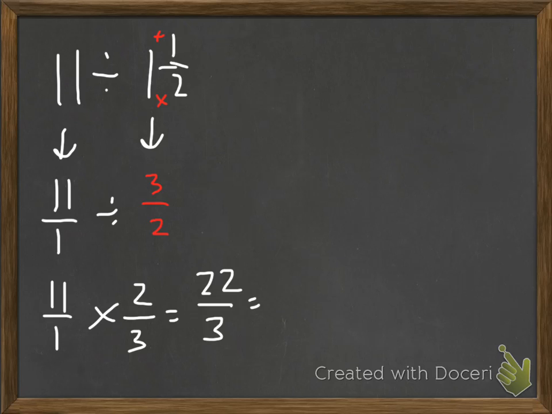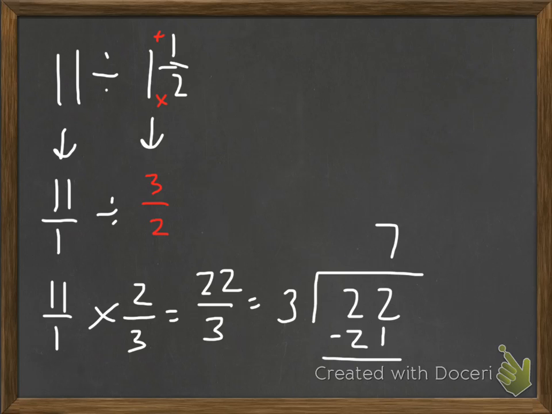We can't reduce it, so we're going to change this to a mixed number, because this is an improper fraction. We never want the numerator bigger than the denominator. So 3 into 22 goes 7 times, 7 times 3 is 21.